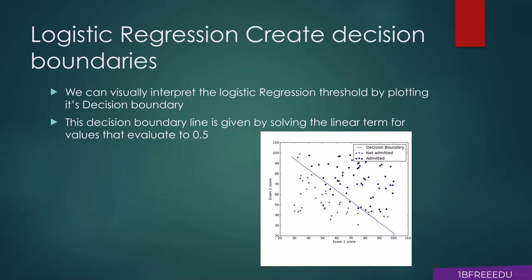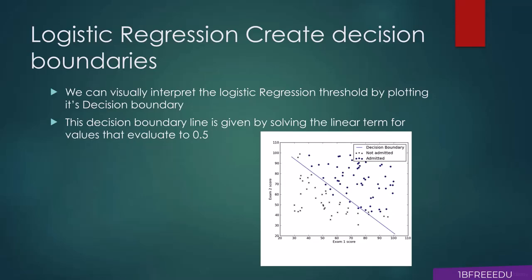Also, logistic regression creates decision boundaries. In this picture, you can see a student being admitted to school, and we are using logistic regression to plot the decision boundaries. These decision boundaries give an idea of the linear separation between the values.